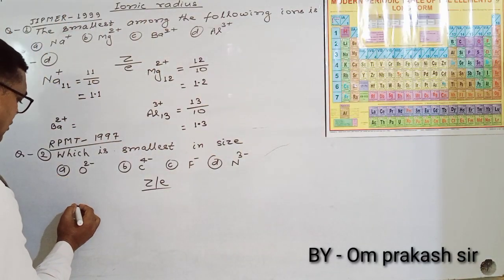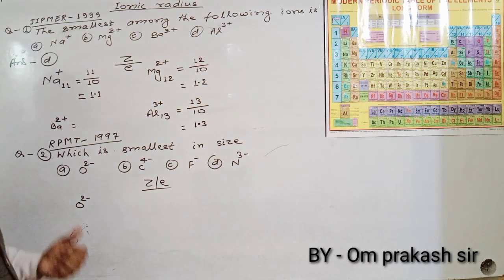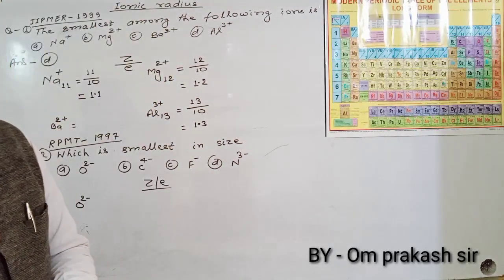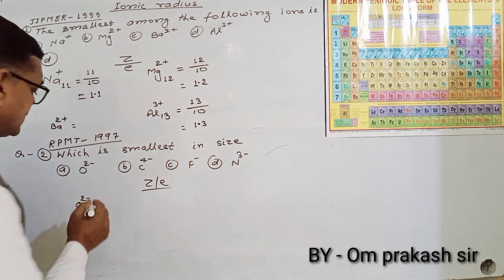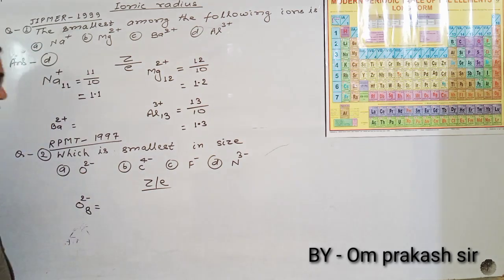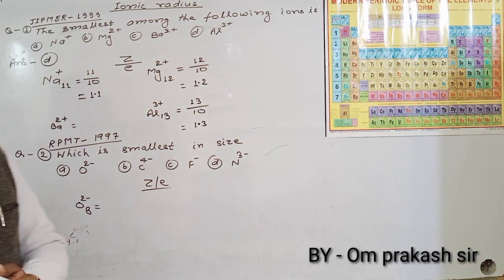First option is O 2 negative charge. First of all, we calculate atomic number of oxygen. Atomic number of oxygen is 8. 8 indicates the value of Z.